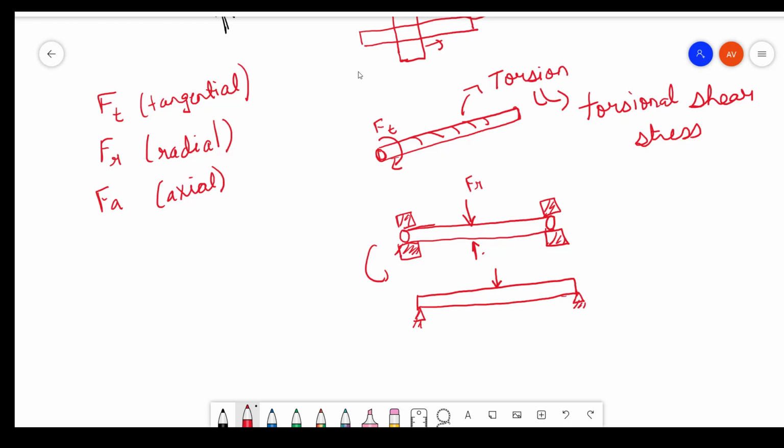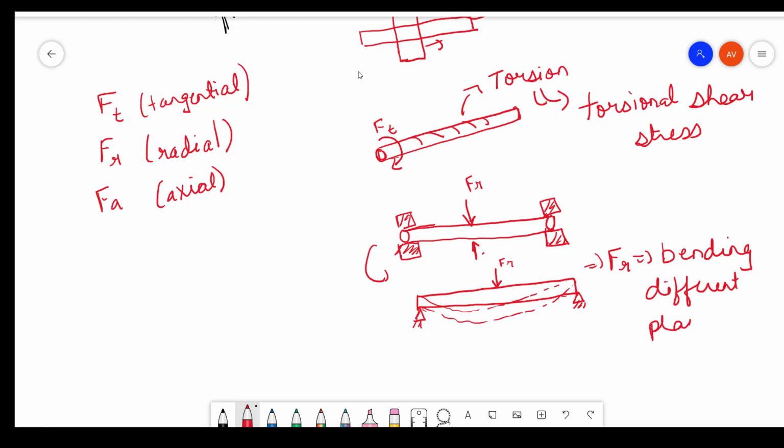It is going to undergo some bending. If you take a different configuration, it's going to bend in another plane. So because of your Fr, it's going to have bending in different planes. Bending stress.